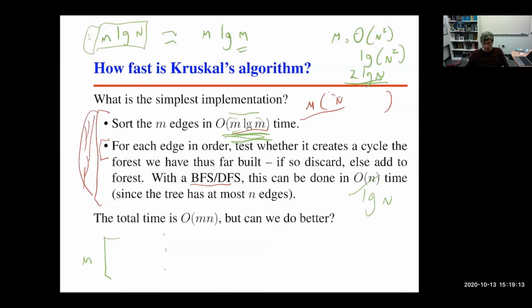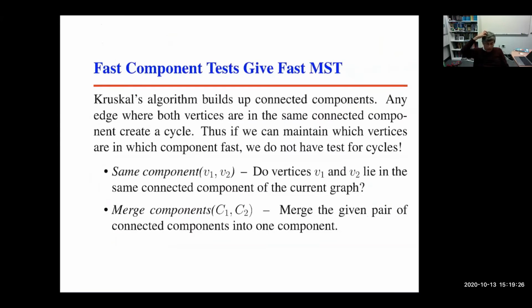Okay, in order to do this, though, I've got to test for cycles quickly. Let me show you a fast way to test whether we can create a cycle, and we're going to do it by having a data structure that will enable us to do two things. Our data structures are defined by the operations they do.